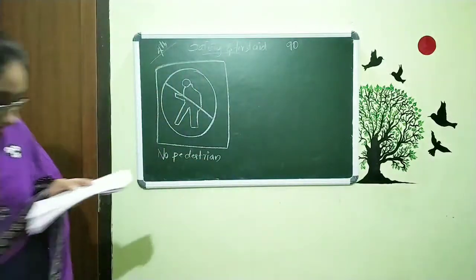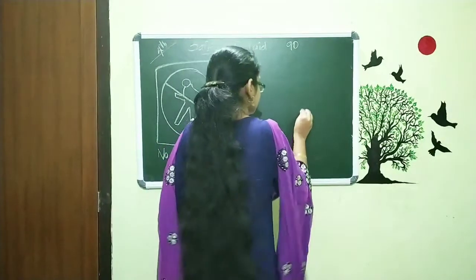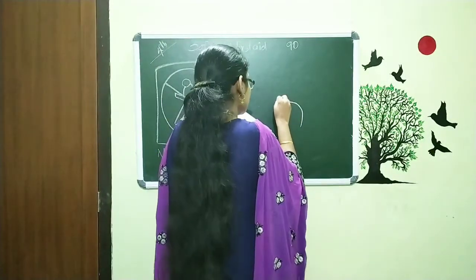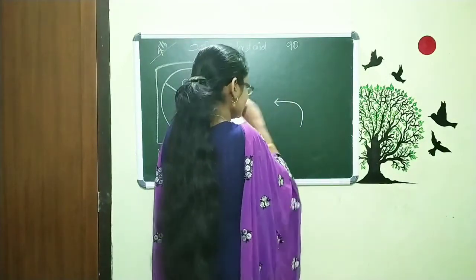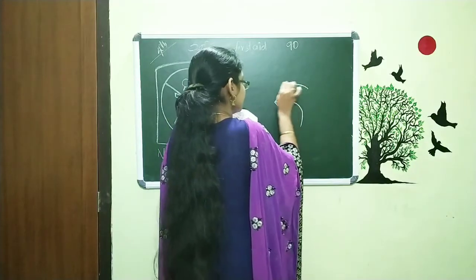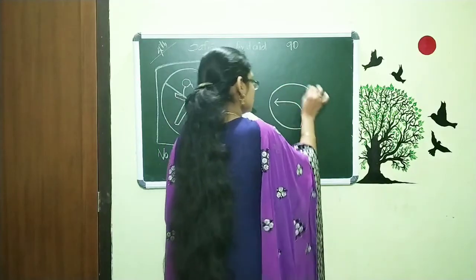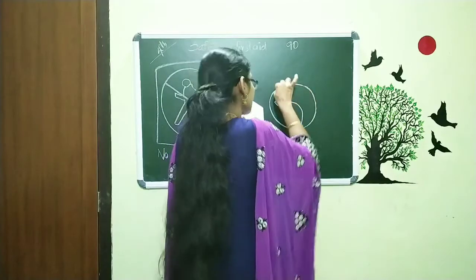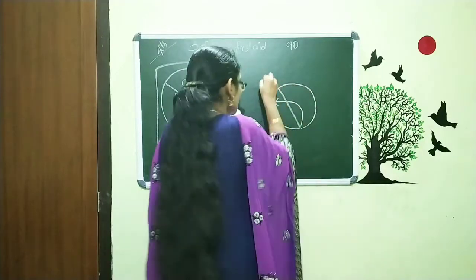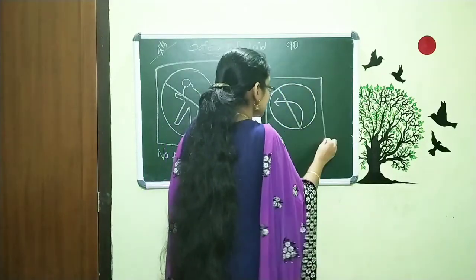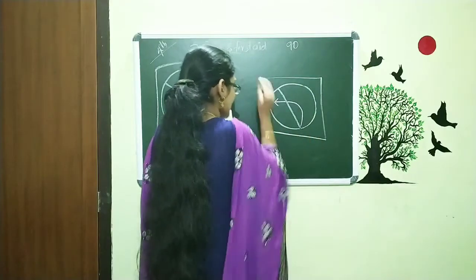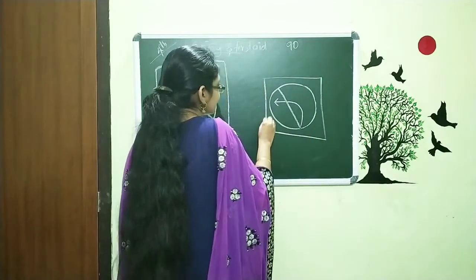One arrow is there, and the arrow is pointed to the left side, with a circle and a crossed line within a square. And what is this?